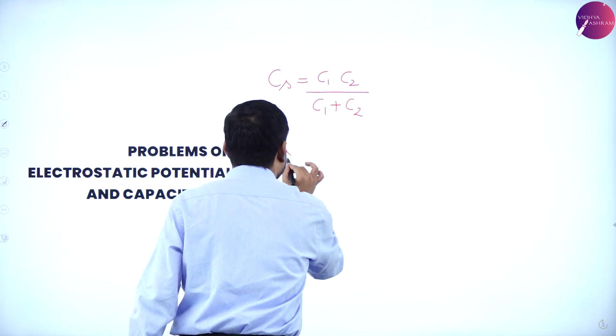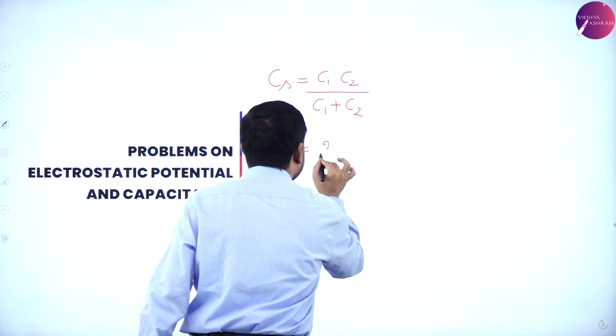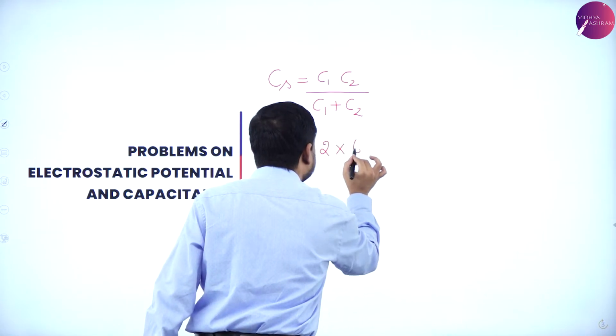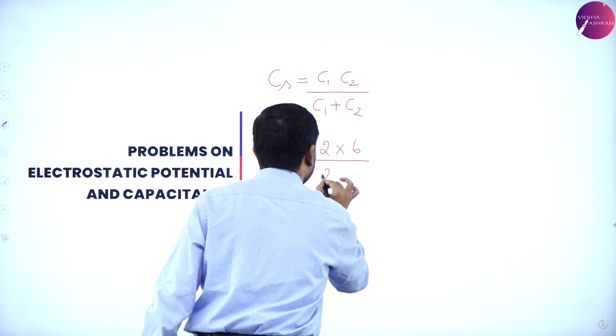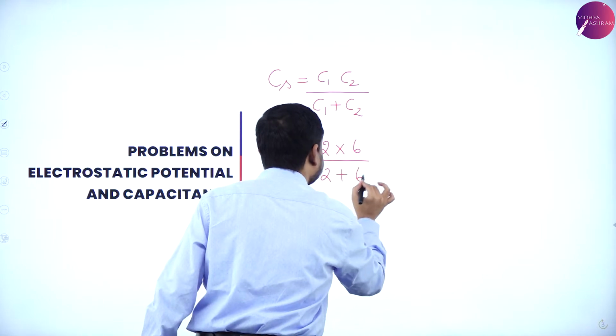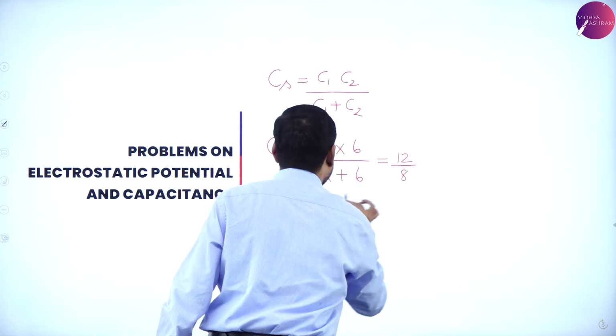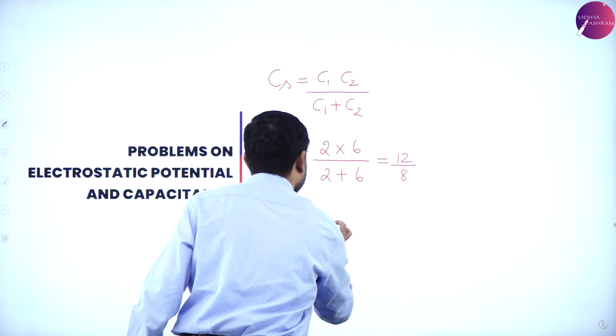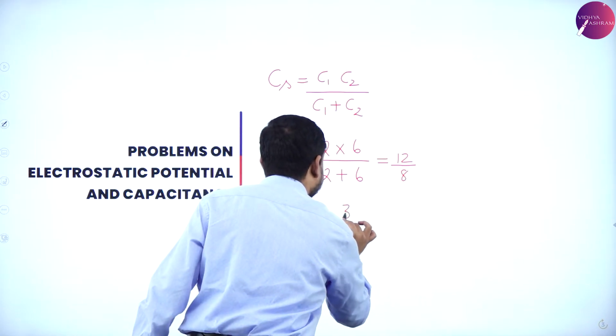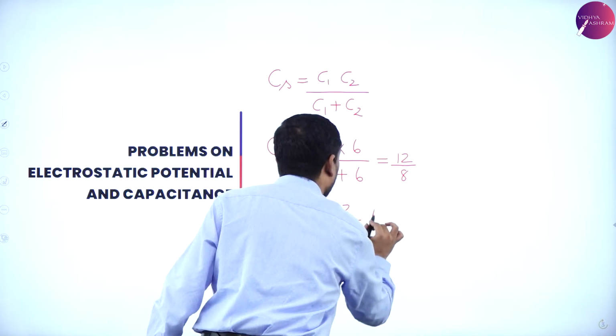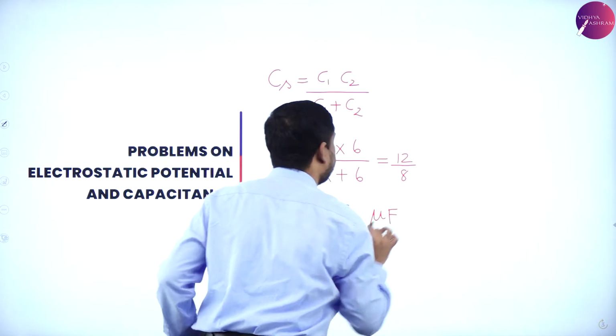So on substitution, this is 2 into 6 by 2 plus 6, 12 by 8. So this is 3 by 2 microfarad.